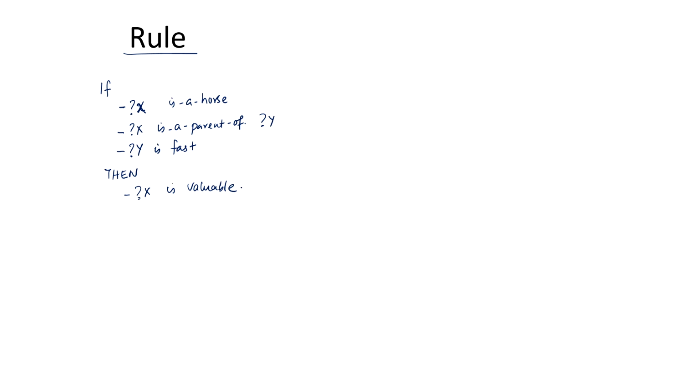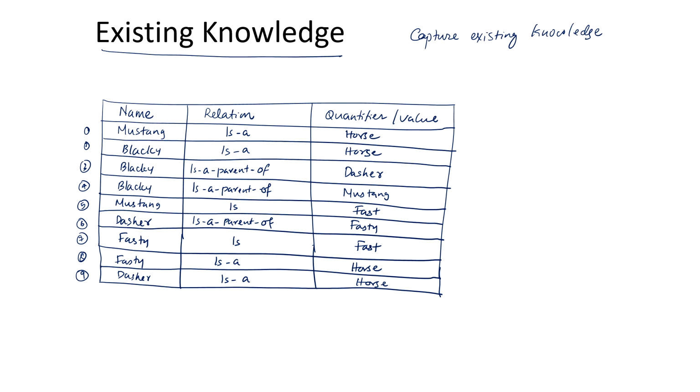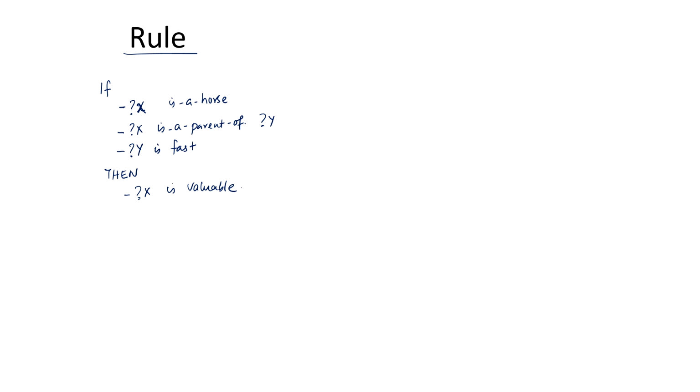If you look into this, there is an "is a horse" relationship, an "is a parent" relationship, and a "fast" relationship. We are trying to use the three to decide whether X, if it is a horse, is valuable. That is the simplest way.